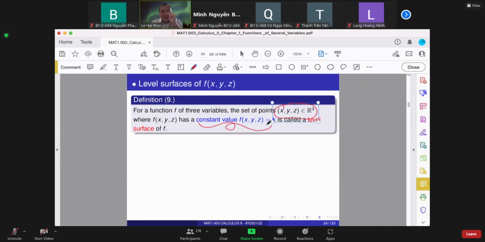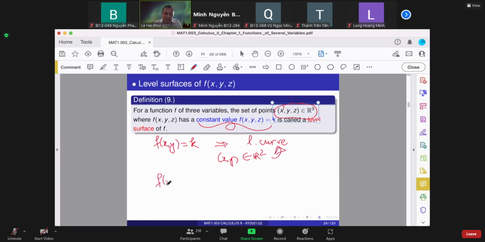But the thing is, for a function of two variables, we call this a level curve because these x, y in R2 form a curve.